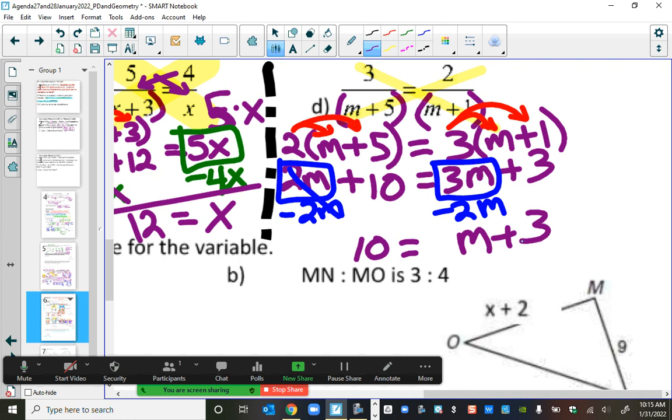Now really we're down to one final step. What's that one final step? Minus 3. Minus 3. Minus 3. Let me raise that up a little.